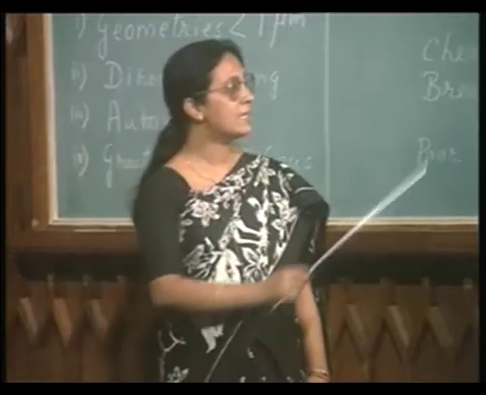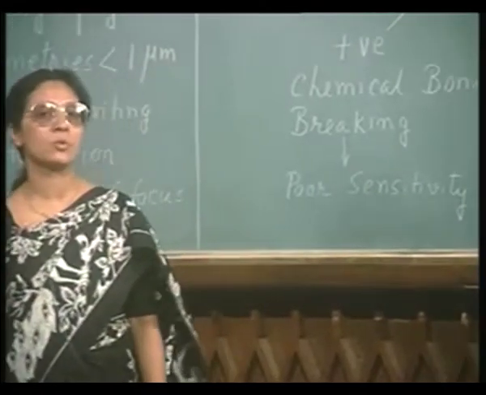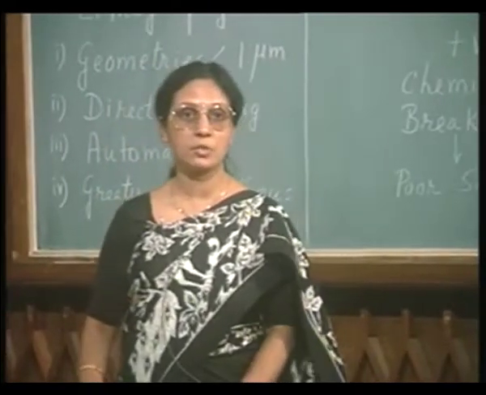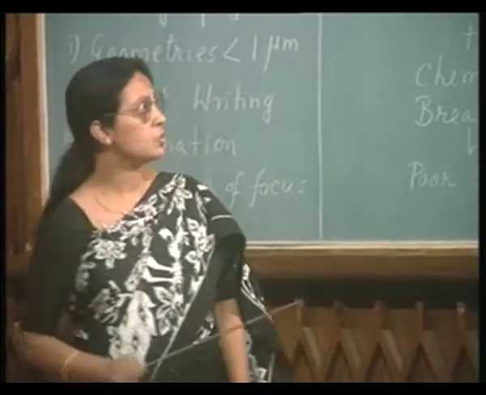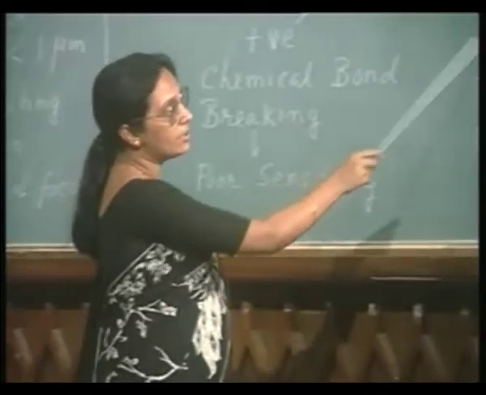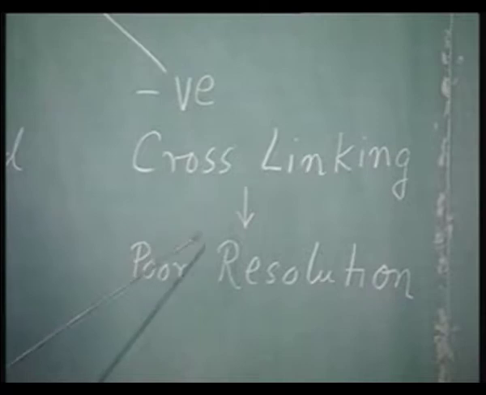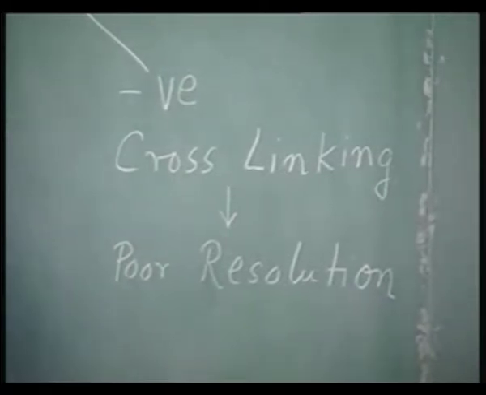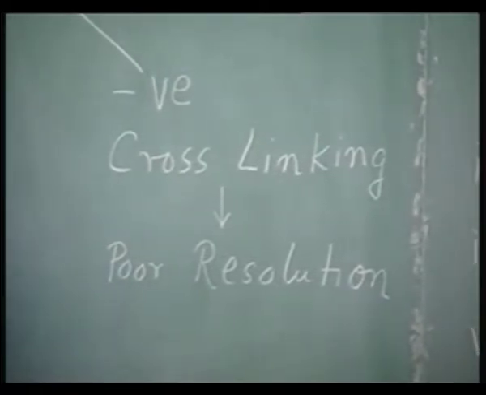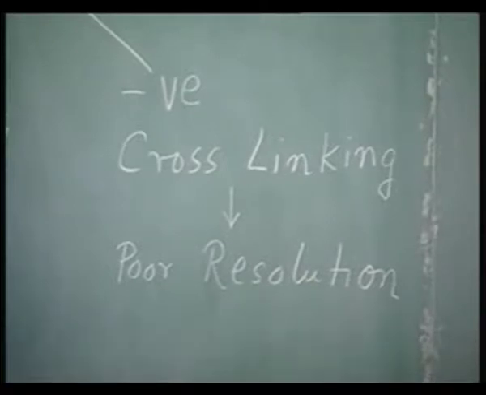So, on one hand, positive E-beam resist is going to offer us better resolution, but lower throughput, and negative E-beam resist is going to offer us comparatively faster throughput, but the resolution is going to be poor. So, depending on the application, one has to choose either positive or negative E-beam resist.